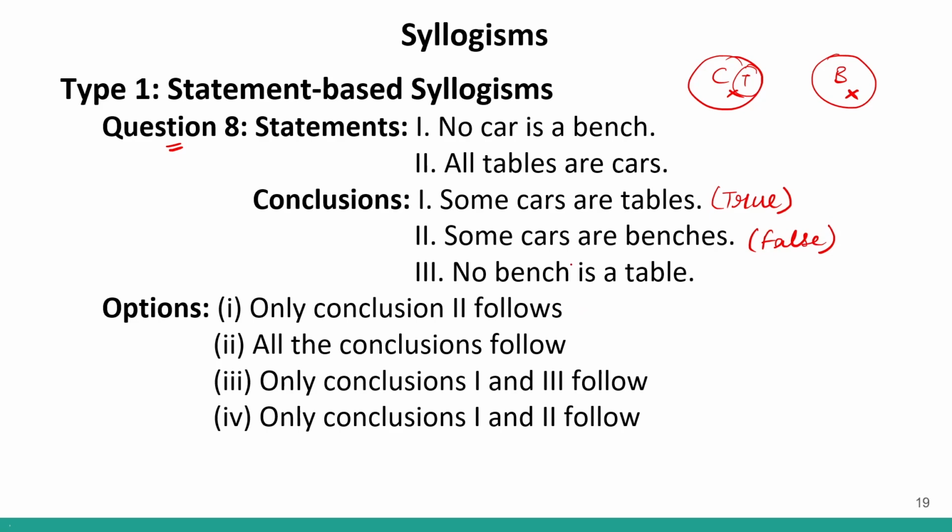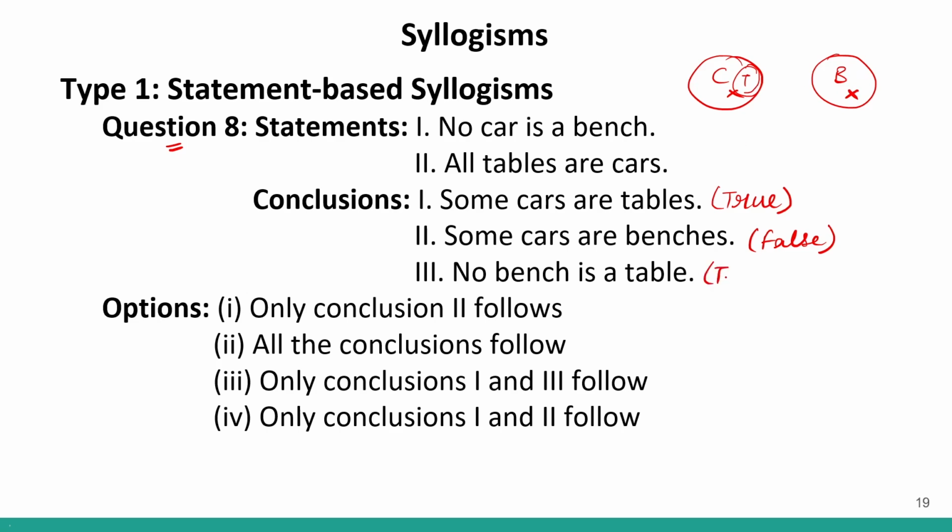Third one says no bench is a table. Now if you look, table is inside car and car and bench will not overlap. Car and bench will not overlap and table is inside car. That means table will not overlap with bench. So no table will be a bench. Correct? No bench will also be a table because again they cannot overlap. Table and bench cannot overlap.